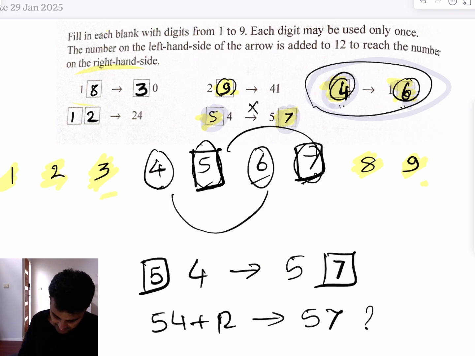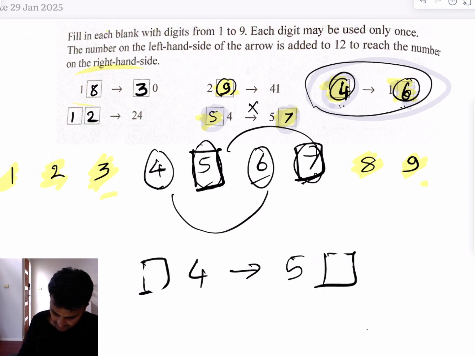Let's see if we can clean this up, and clean this up. Clean this up. Let's see if now 5 and 7 work over here, but 4 and 6 also work over here. But 5 and 7 don't work over here. Yeah.